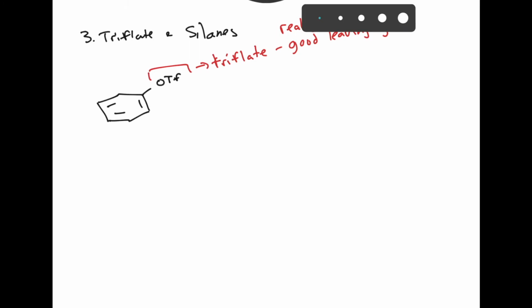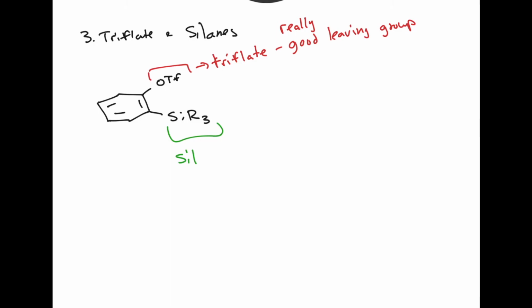And then you're going to have some sort of silicon, so you have a silane. Right? So you're going to have a silicon with 3 carbon groups on it, usually methyls. And then you're going to add F minus, add fluoride.